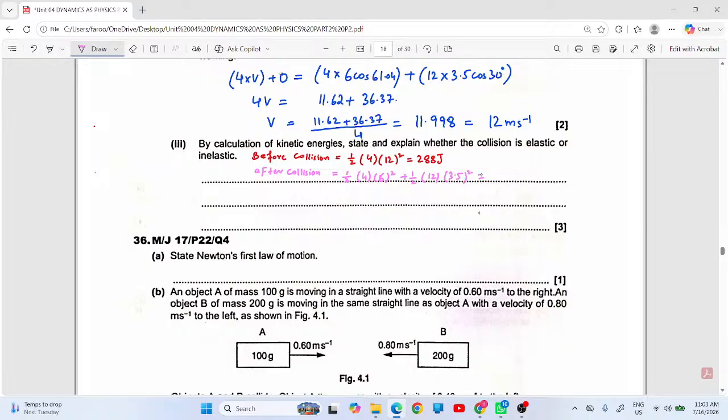What's the total kinetic energy after the collision? It is 145.5. So we can say the kinetic energy before and after the collision are not equal. Inelastic.